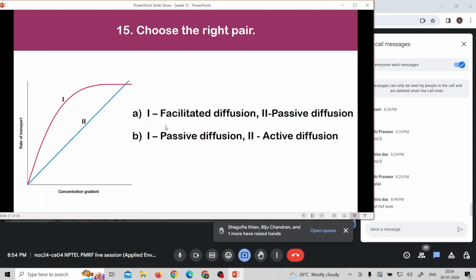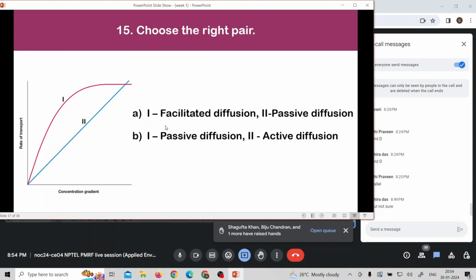Let me explain in a very layman way, not very scientific. Out of 1,000 people, 500 people have to travel from one side to another, and we have only 250 people who can help them make this transition. Then, even though there are 500 people to be transported, only 250 will be transported.